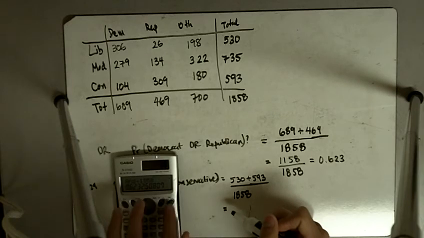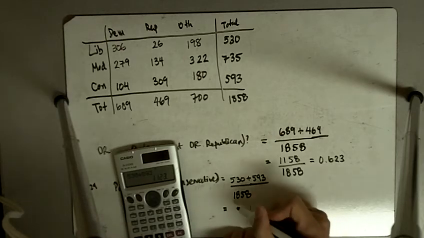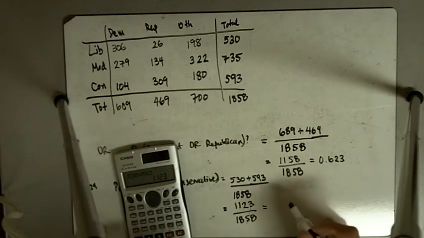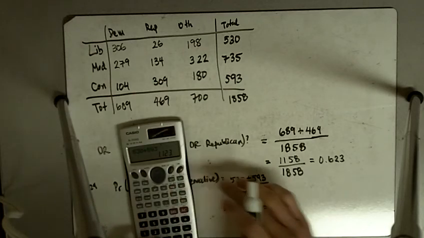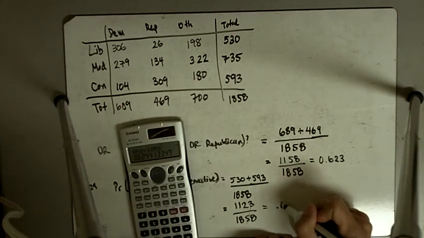So the total number of people who are liberal or conservative is going to be 530 plus 593. I have 1123 divided by 1858, because we have a total of 1,858 people that we can select from. So we do 1123 divided by 1858, and that's going to be 0.604.